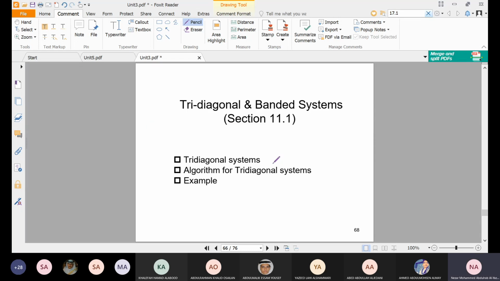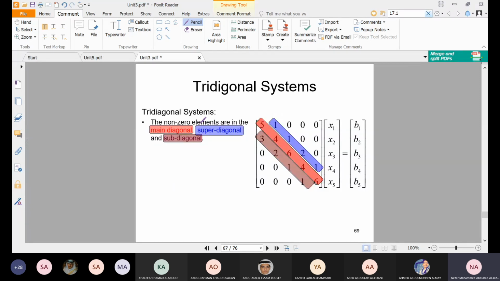Okay, so the second type of methods is for tridiagonal systems or banded systems. Here we will have some algorithms that are used to find a solution for tridiagonal and banded systems. So what are tridiagonal systems?